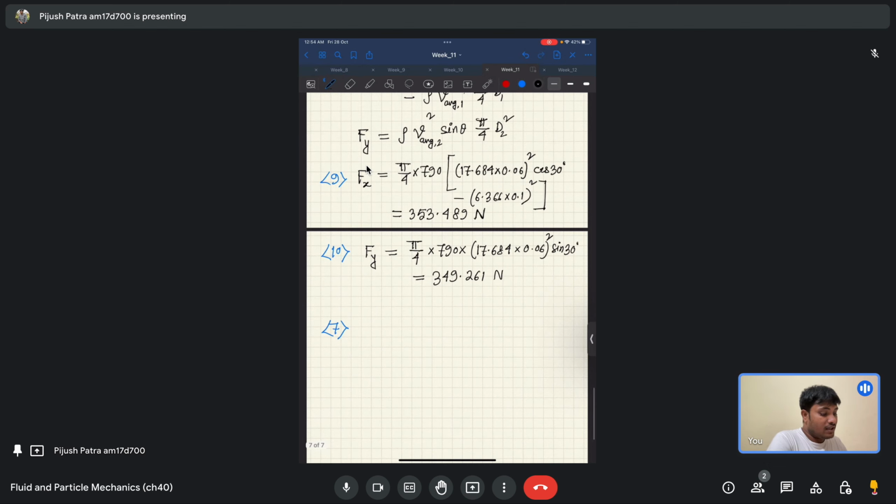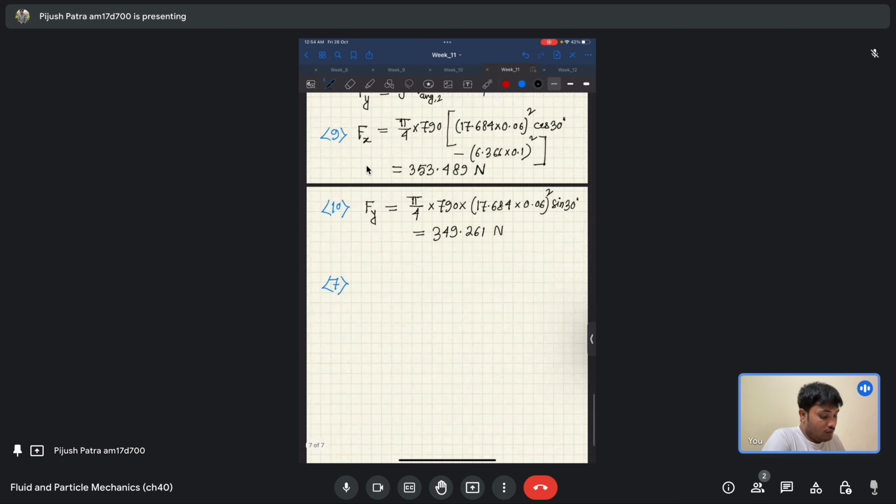So if I add the momentum correction factor, what will be the Fx equation with momentum correction factor?